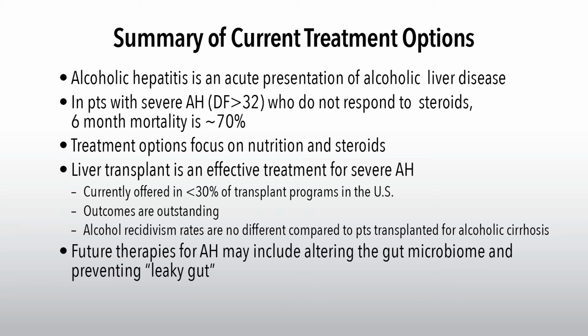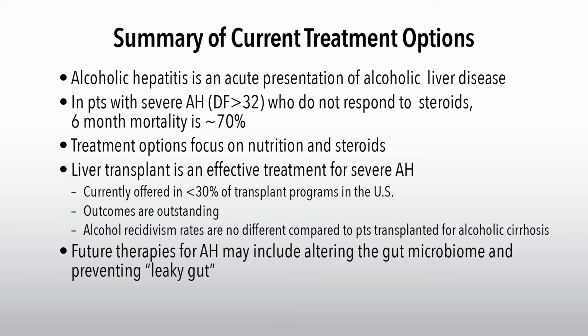In our country, currently less than 30% of the programs in the United States offer it, and the outcomes are comparable to all non-severe alcoholic hepatitis patients. That is outstanding, approximately 70 to 80%. There's no difference in recidivism between severe alcoholic hepatitis patients and alcoholic cirrhotics with 6 months of abstinence.